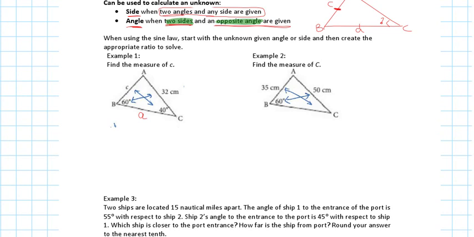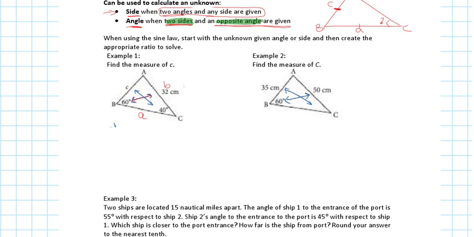Now, what do I know? I know two angles and any side. So that's good. This goes back to this scenario: I know two angles and a side. Do I know an opposite side? I know the opposite side of angle B. I know side B. Good. Now, I know B and angle B. I know angle C. I'm looking for side C. So I'm looking for a side.